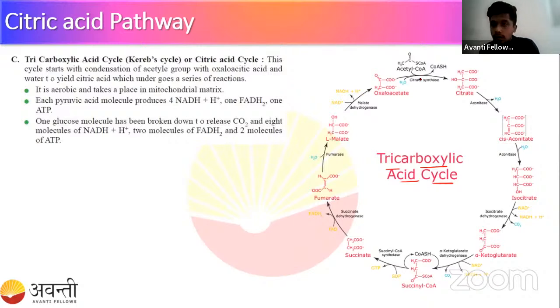Acetyl-CoA in the mitochondrial matrix combines with oxaloacetate. Oxaloacetate will be there in the mitochondrial matrix, and we'll understand where we get this oxaloacetate.